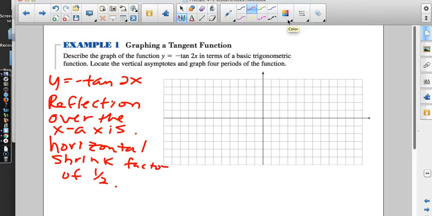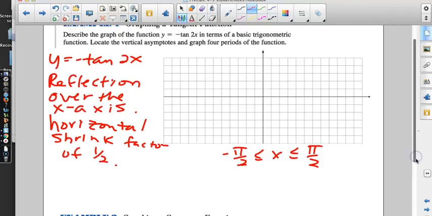Locate the vertical asymptotes and graph 4 periods of the function. Wow. Okay, well, then why would we have to do 4 instead of 2? Because this one only has a period of pi. So, for tangent, it's normally negative pi over 2 to pi over 2 for the asymptotes. That's where the location of those asymptotes are going to be.